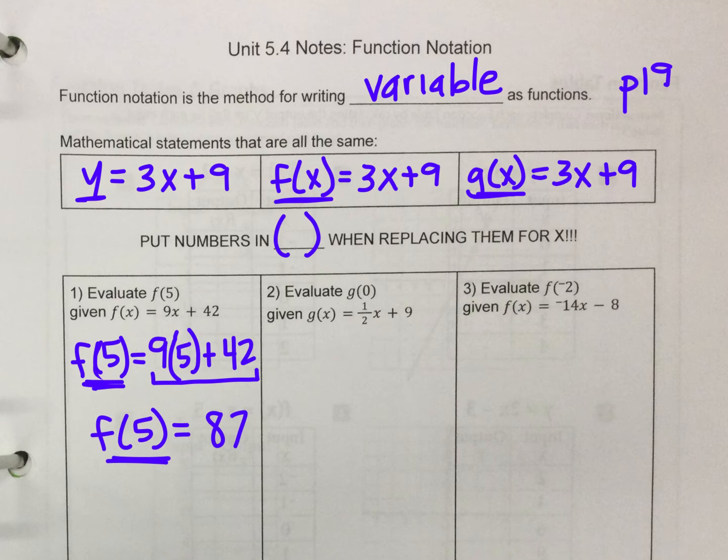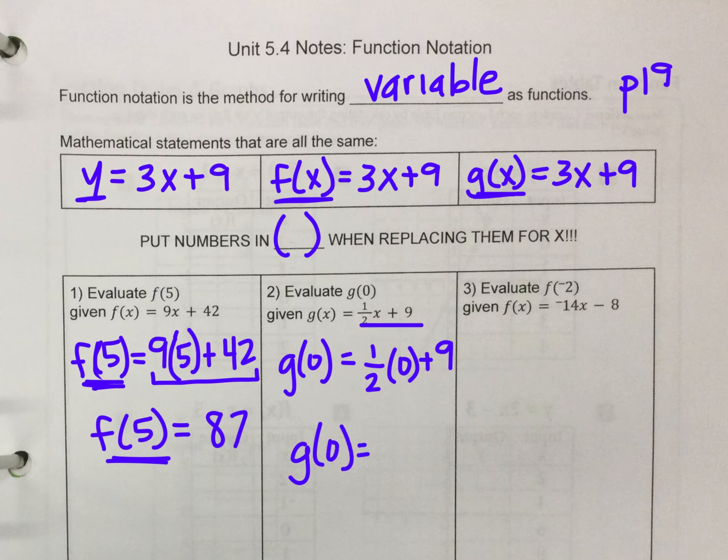So this time, I'm going to say if I'm putting in a 0, I'm just going to rewrite my equation. 1 over 2x plus 9. So if I put a 0 in instead of an x, it wants to know what I get. So the function of 0 is an input. My output, I type that straight in your calculator, it gives you a 9.